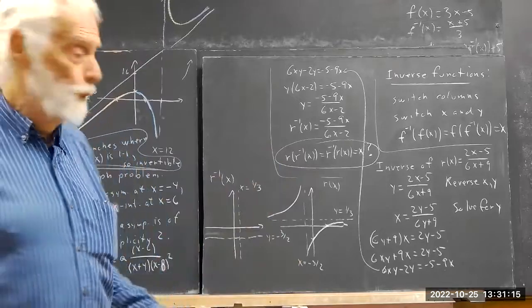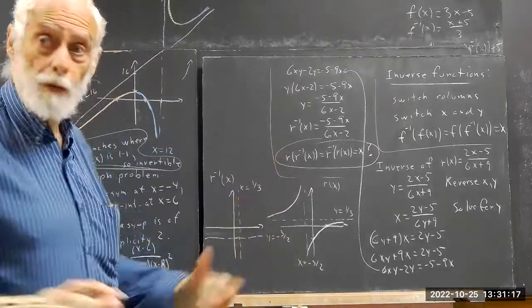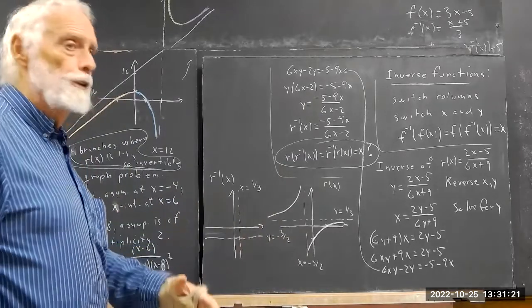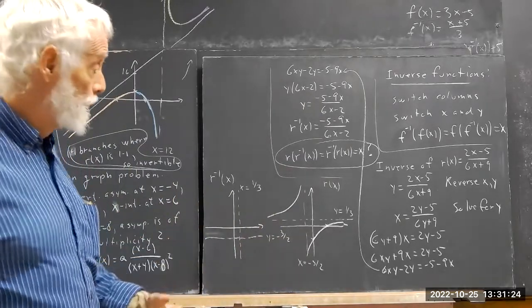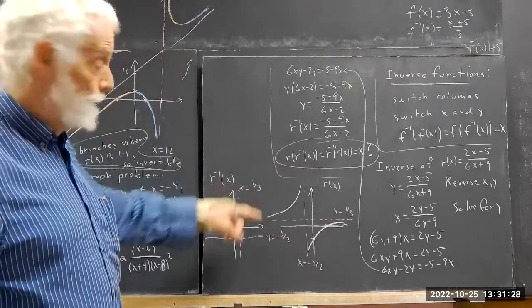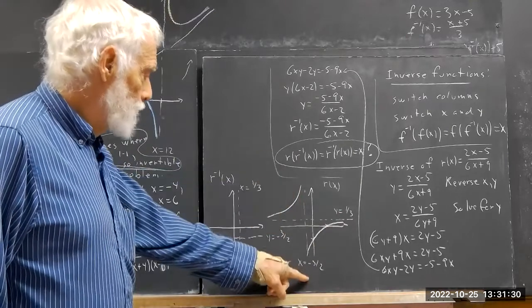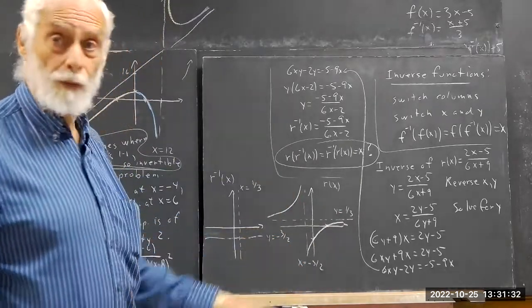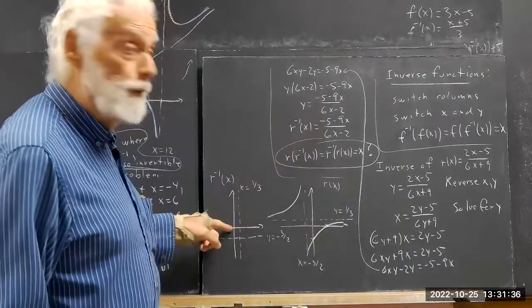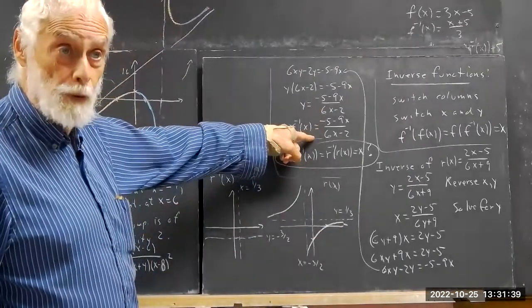In a little bit of a weird way, you've got to reflect it this way, then flip it over. But that's what happens. If you replace all your x's by y's and all your y's by x's, then clearly y equals 1/3 becomes x equals 1/3, and x equals -3/2 becomes y equals -3/2, and it looks like this. So that's what came out of the function. If you look at this, you see that pretty quickly.